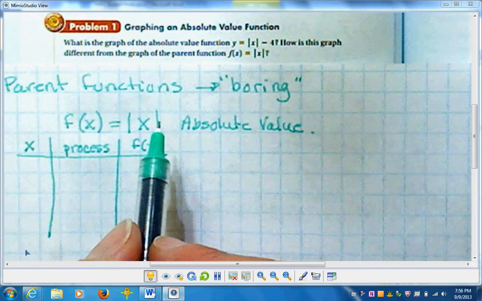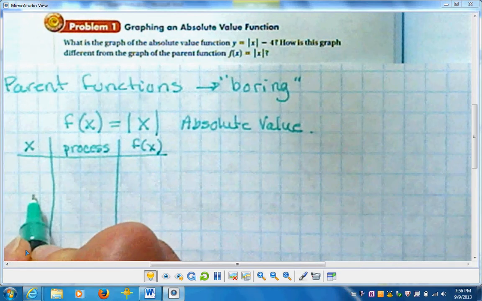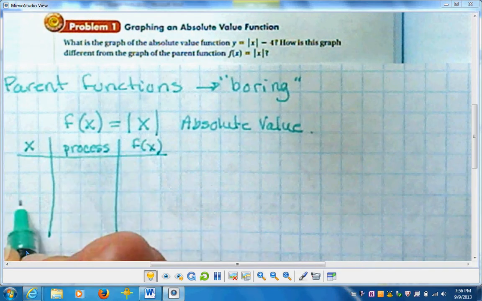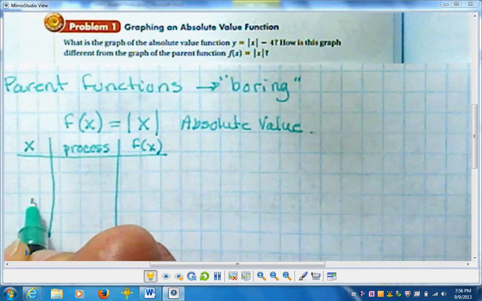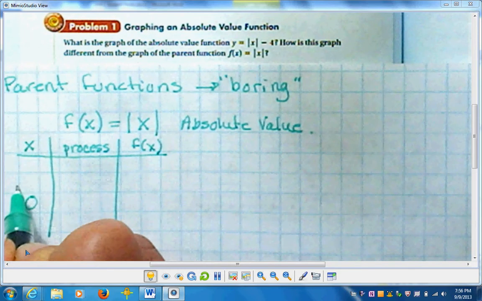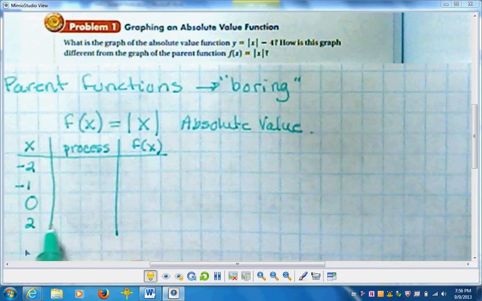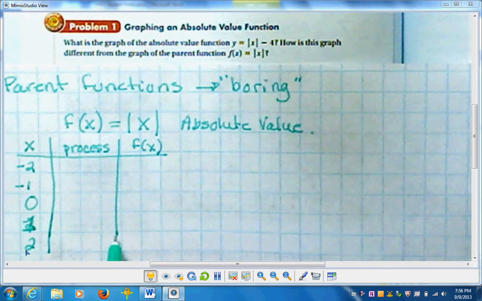When I'm looking at absolute value, it's always a good idea to pick the center point. So let's pick the center point. It's 0 because nothing is happening around that. So I'm going to pick 0 as my center point, which means right above it I'll have -1, then -2, and below it I'll have 1, and then 2.